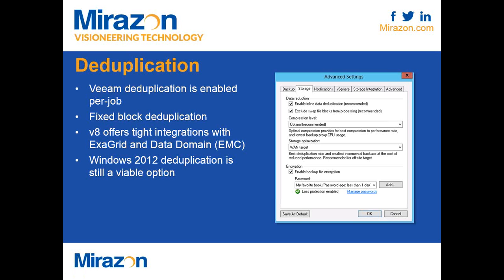And 2012 supports dedupe natively from standard edition up, 2012 and 2012 R2. It's kind of a free feature. It's just as easy as a feature that you turn on. So if you're already leveraging 2012 for your repositories, as long as we think about the architecture, it's a free technology to leverage some space savings.